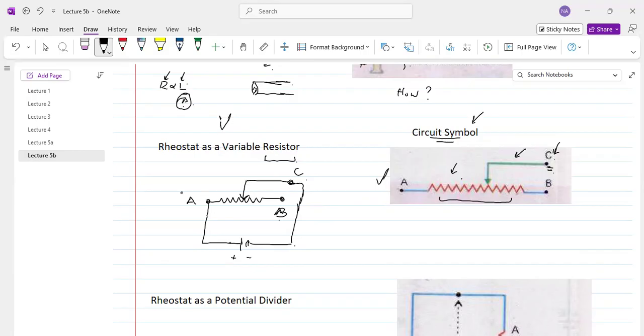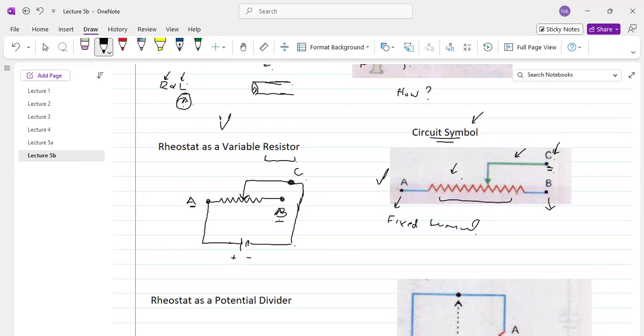One is the fixed terminal A. Let me tell you that the two terminals of the rheostat which are the ends of the wire of the rheostat are called fixed terminals. And the third terminal which is connected with the sliding contact is called sliding terminal or C terminal.